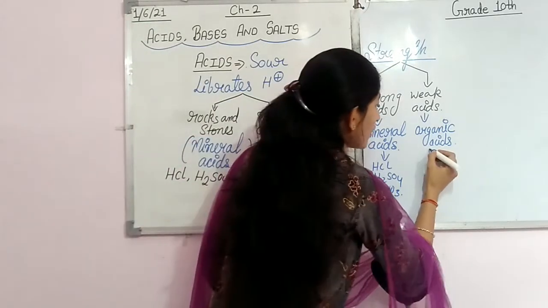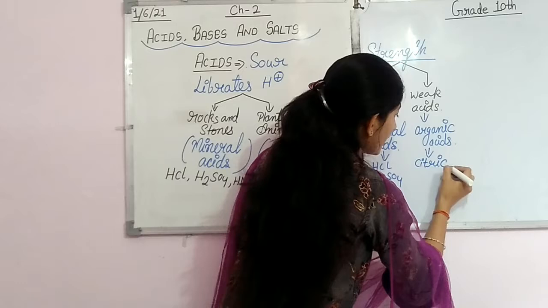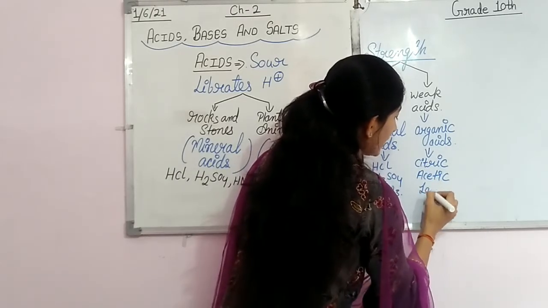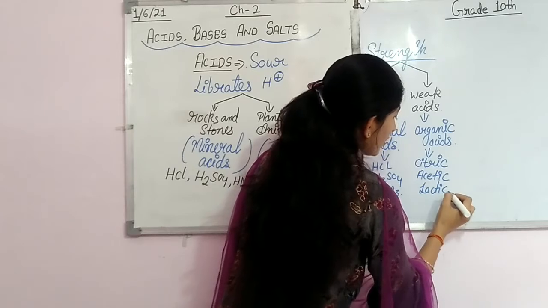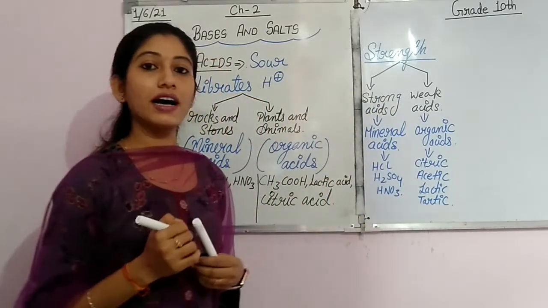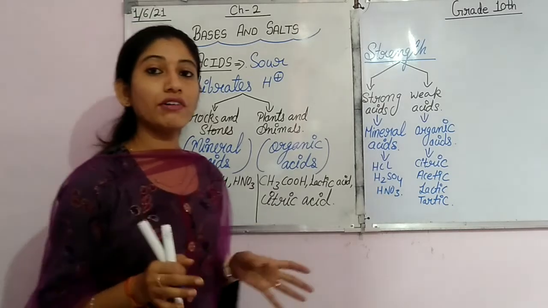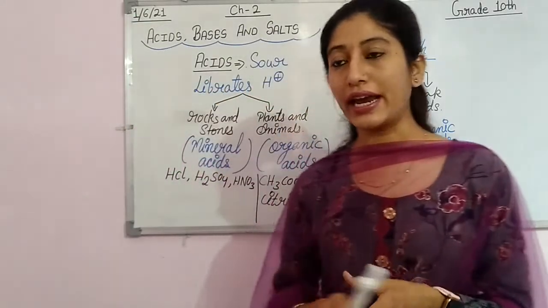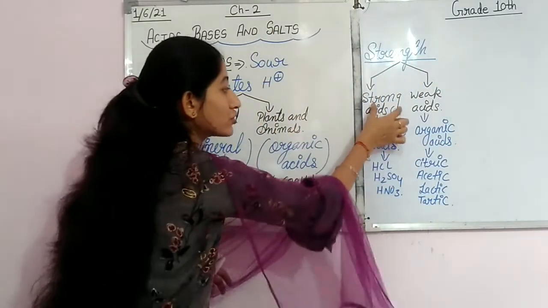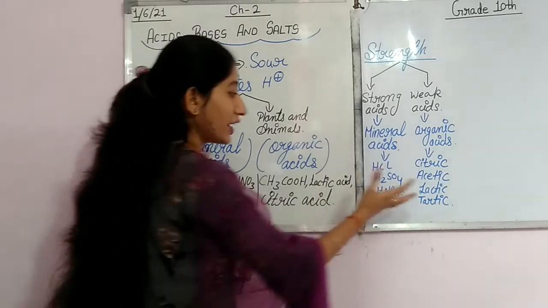Here the examples of the organic acids can be citric, it can be acetic, it can be lactic and many more. Tartaric. Okay, so these are the examples of the organic acids. So what we come to know till now is that mineral acids are also called the strong acids and organic acids are also called the weak acids.